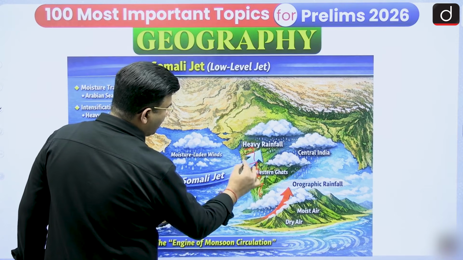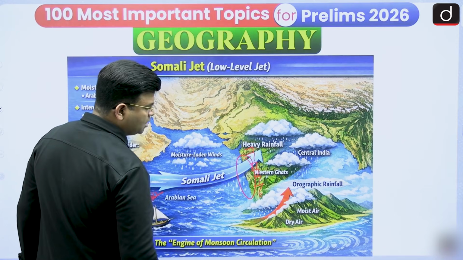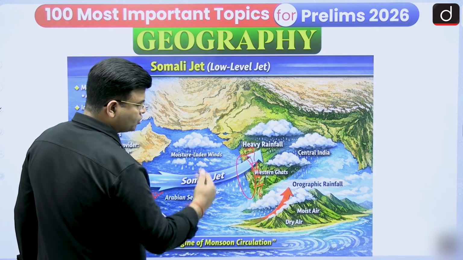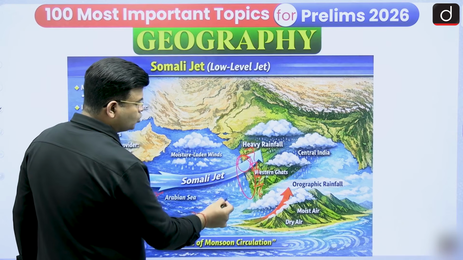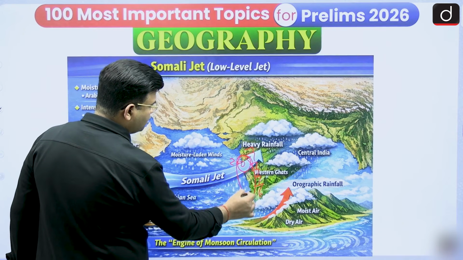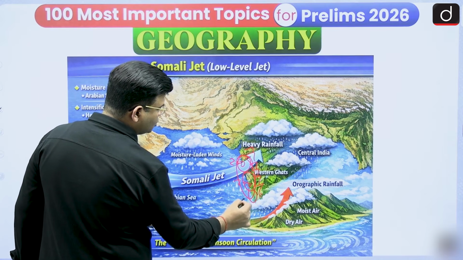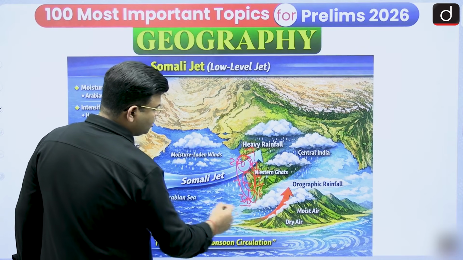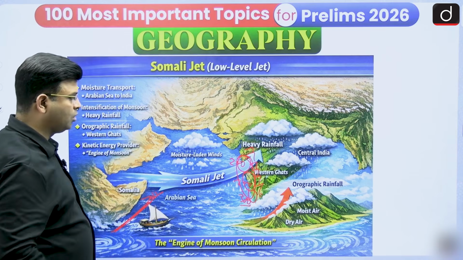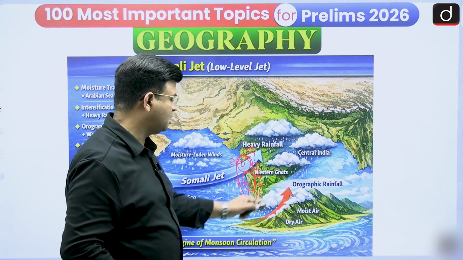You can say that it is a high level of orographic rainfall, because it is obstructed at the Konkan coast with 200 centimeter rainfall, in the Konkan and Kannada coast 200, and in the Malabar coast you can say 300 centimeter. There is a good amount of rainfall because of the orographic effect.